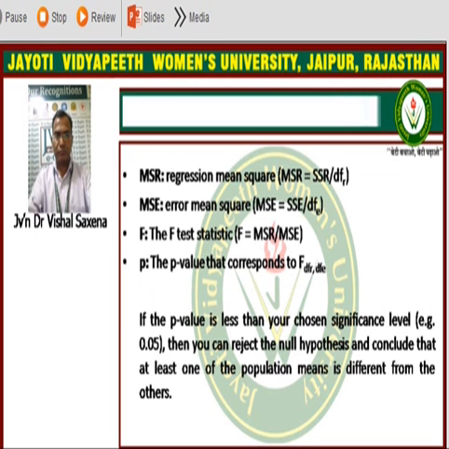If the p value is less than our chosen significance level, for example 0.05, or 0.01, or any other level of significance, then you can reject the null hypothesis and conclude that at least one of the population means is different from the others.